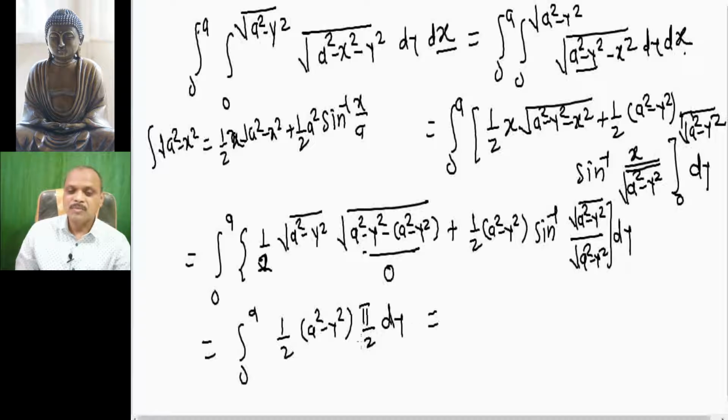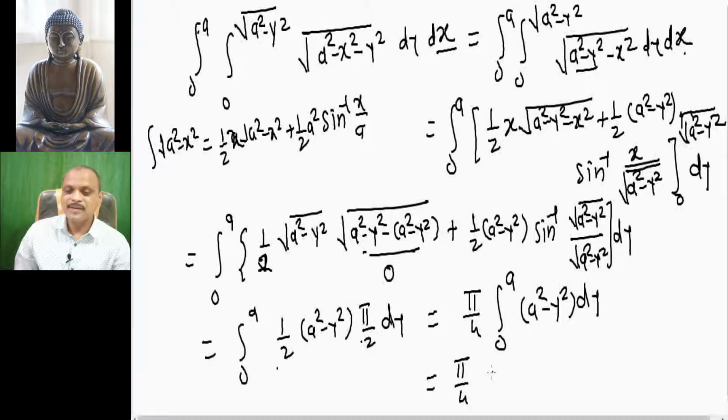Pi by 2, and this 1 by 2 is a common constant, so this will be pi by 4, integration 0 to a of a square minus y square dy, equal to pi divided by 4 into a square y minus y cube divided by 3 between the limits 0 to a.